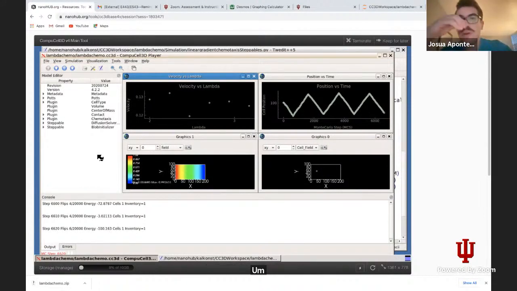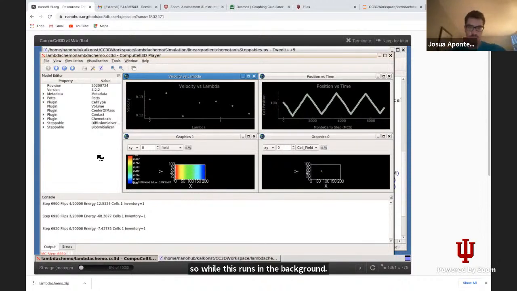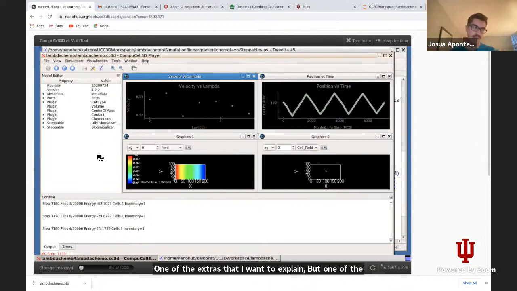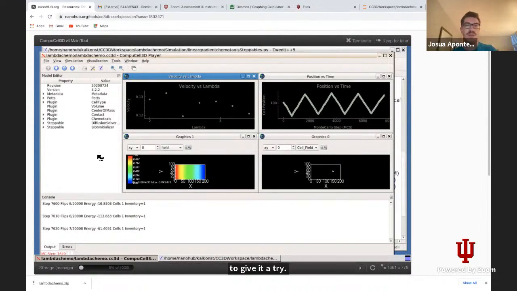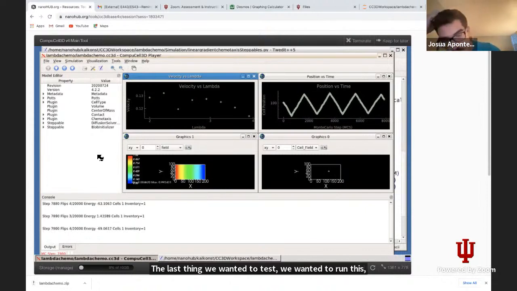So while this runs in the background, I want to explain what one of the exercises in the homework means, in case you want to give it a try. The last thing we wanted to test was the number of cells.